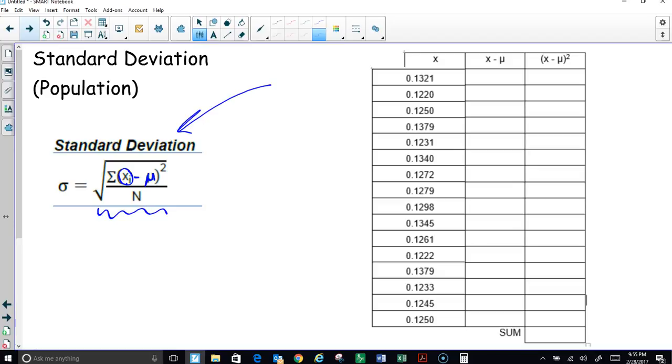After you subtract it, and we do that for every number, after we get that difference, we then square it. We do that for every single number. And then, whatever that value is for each number, we add them all together, and then divide by how many numbers there are. In this case, that will still be 16. And then when we get that number, the last thing we do is take its square root.